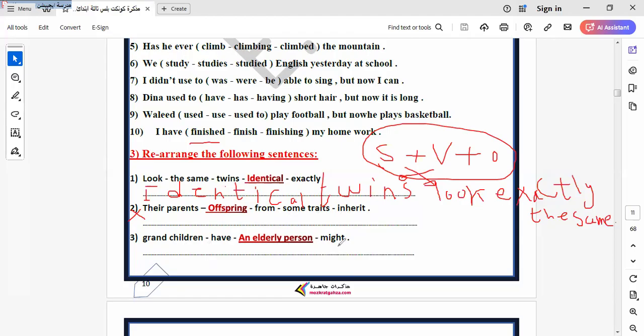Great children have an elderly person might. An elderly person must have. An elderly person might have grandchildren. So it will be an elderly person might have grandchildren.